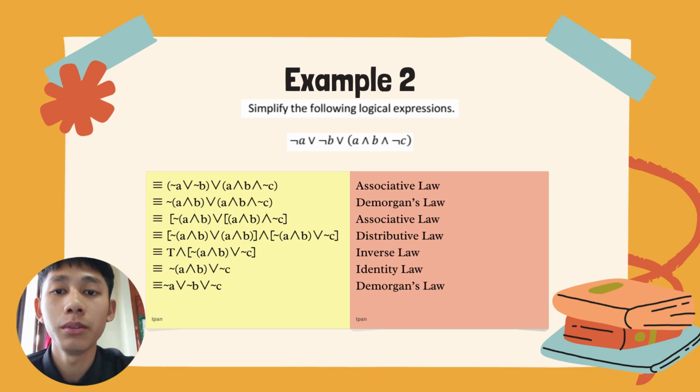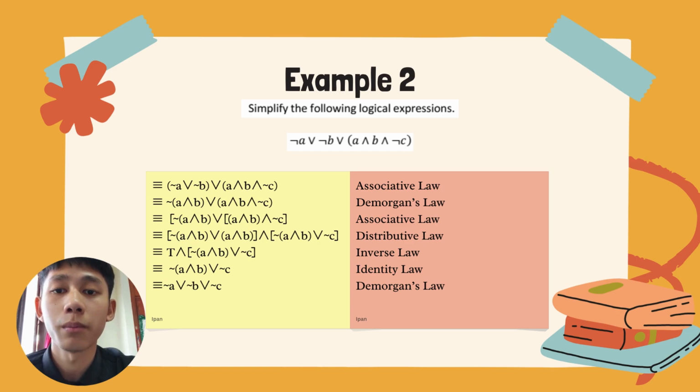In example 2, the expression is negation A or negation B or (A and B and negation C). We first rearrange the terms using the associative law. Then we apply De Morgan's law to rewrite part of the expression. After that, we use the distributive law to factor common terms.